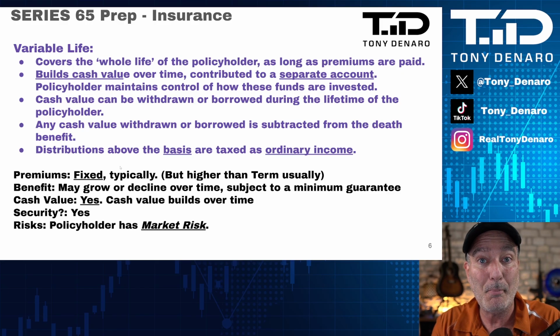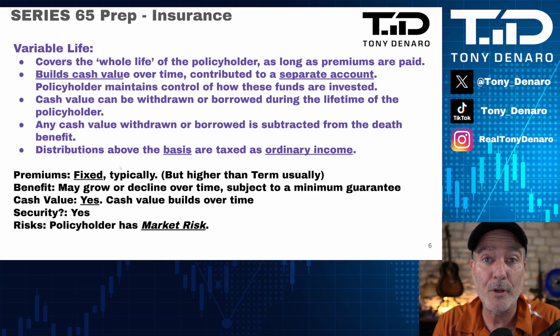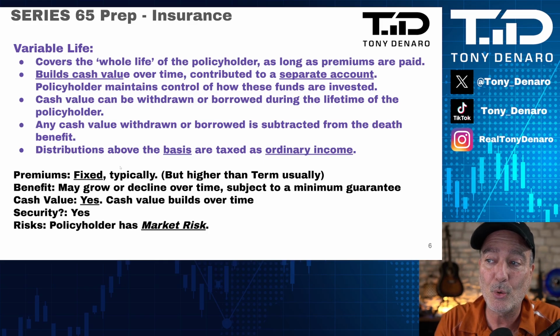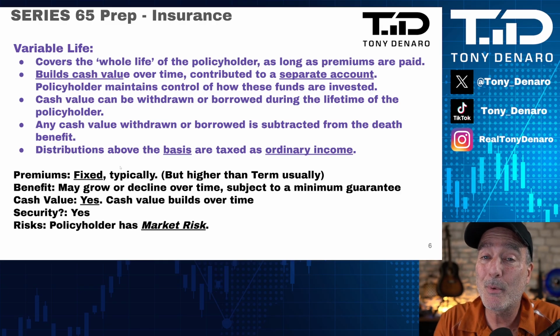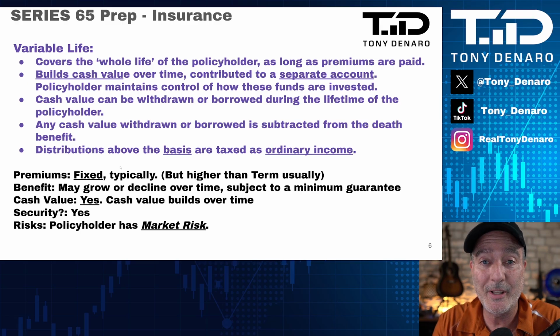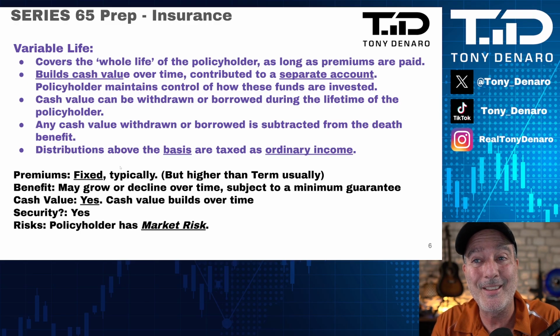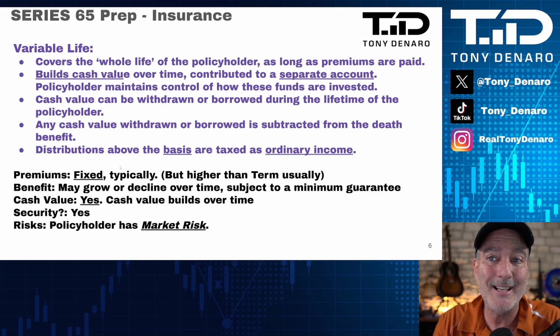That means that the policyholder, you or your client, maintain control over how those funds are invested, and you also have the market risk, not the insurance company. Remember, when we have that word variable and we know that it is kept in a separate account, that also is a reminder that this is regulated as a security.